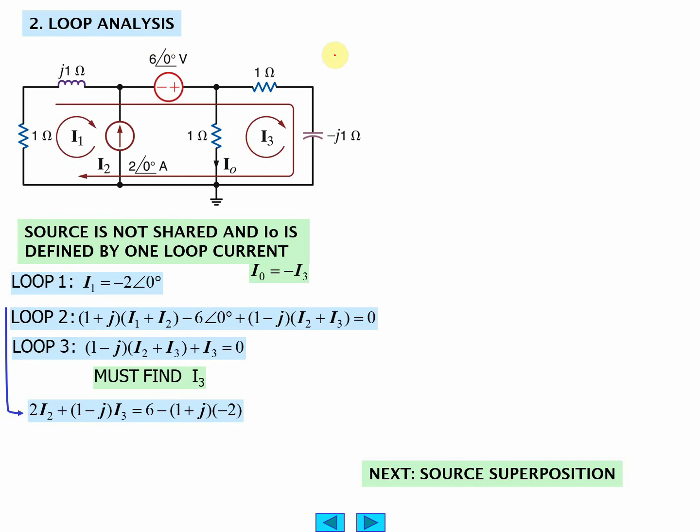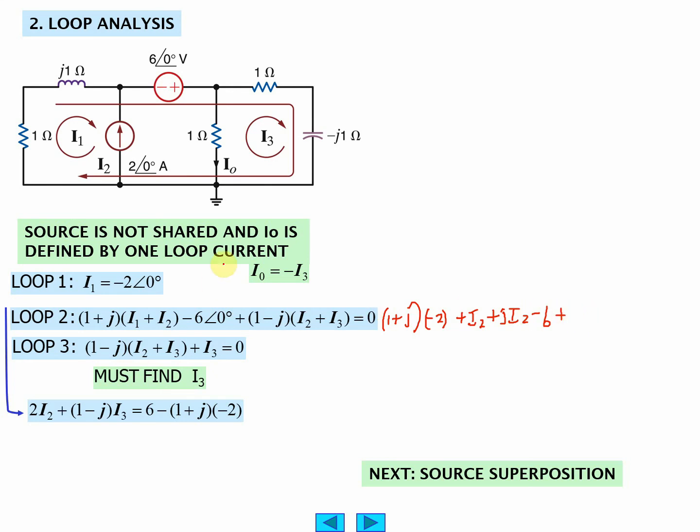Okay, here's how this works. I1 is a negative 2. So this equation can be rewritten as 1 plus j times negative 2. 0 degrees would be just a real number, negative 2. Plus I2 plus jI2, minus 6, plus 1 minus j.